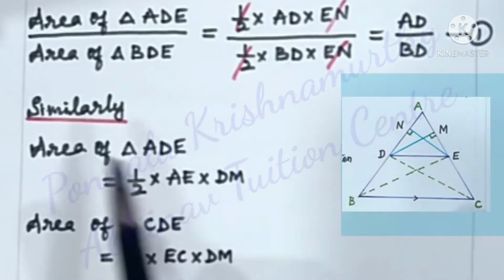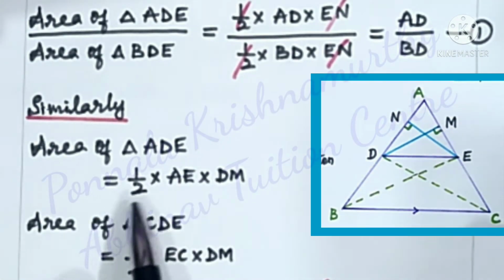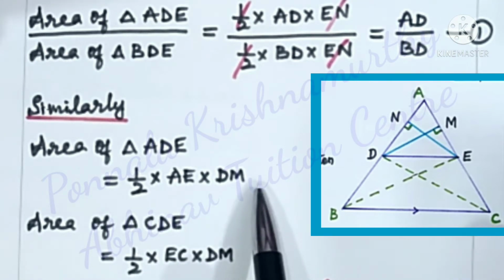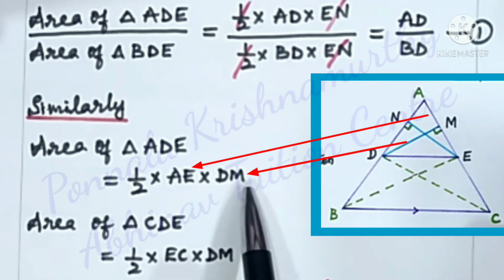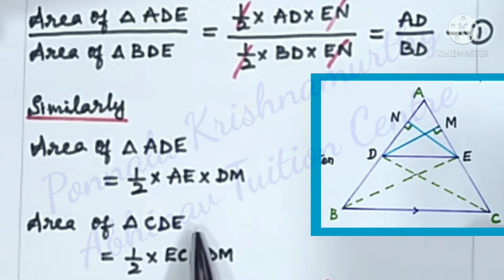Equation 1. Similarly, area of triangle ADE is equal to half into AE into DM. Now the base is AE and the height is DM. Area of triangle CDE is equal to half into EC into DM.